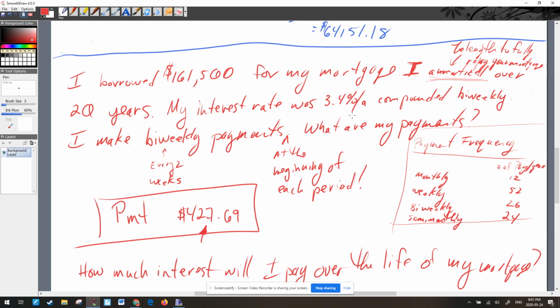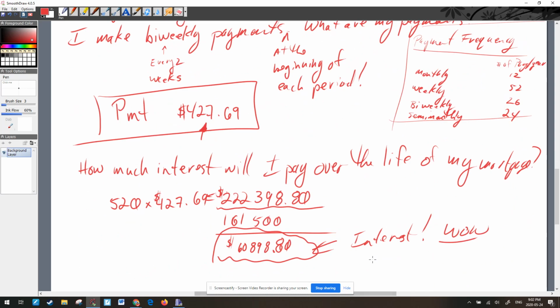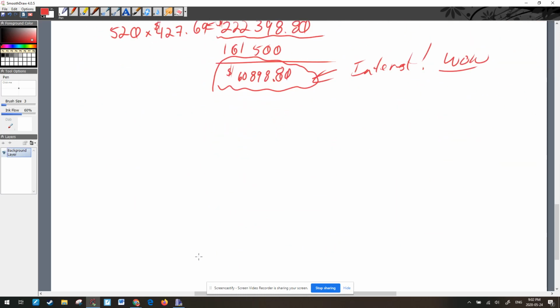When I first started teaching here 16 years ago, I taught the finance course, and the lowest the mortgage chart went to was 7%, because that's the lowest interest rate that had been seen in years and years. Mortgage rates now are as low as, in theory, 2.5, 2.4%, but 3.4% is still pretty low in the grand scheme. So over the life of this mortgage, I had to pay a total of nearly $61,000 in interest, which just seems like a staggering number.